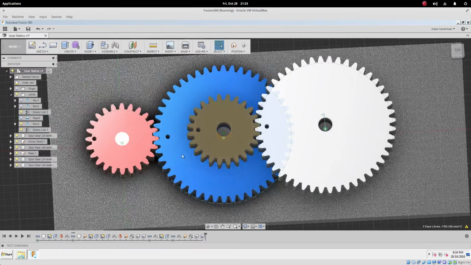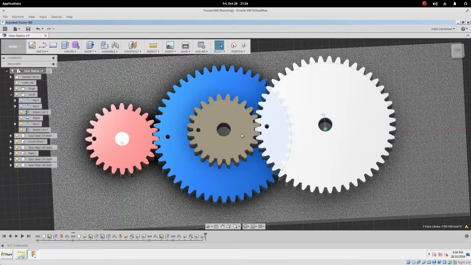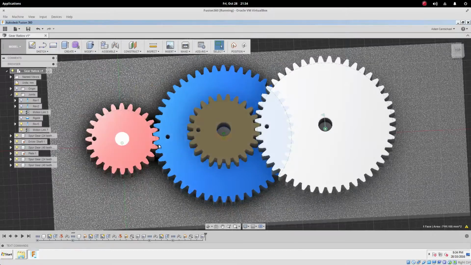What I want to do with that is highlight that the ratio between the gold and the silver gear is the same as what we saw between the red and the blue gear, but when we put the red and the blue in combination with the gold and the silver, we get a different total ratio. So if the first ratio was 2-to-1 and the second ratio is also 2-to-1, what would the result be?